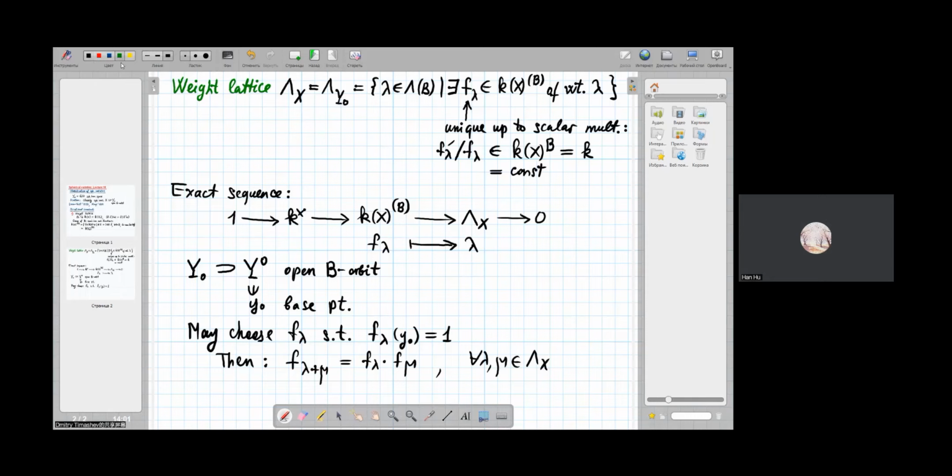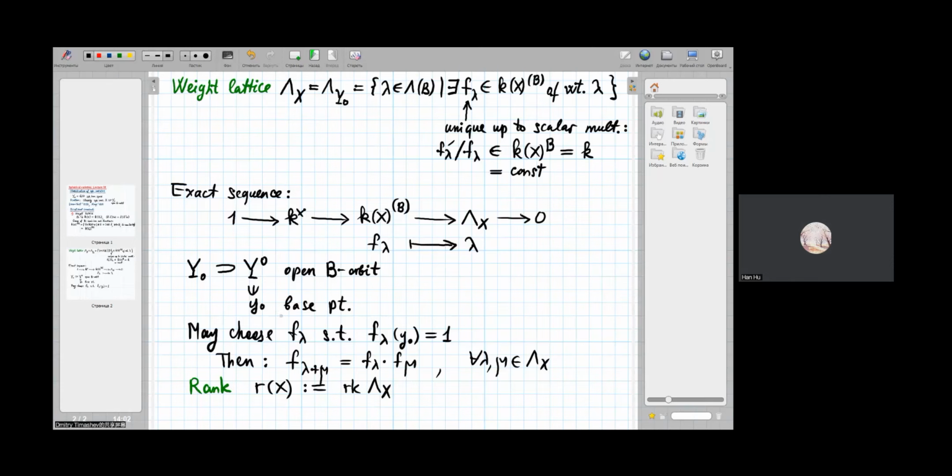And yet another notion, the rank of a spherical variety, let me denote it R of X, is by definition the rank of the weight lattice of X. Okay, so these are basic notions about this first birational invariant of a spherical variety, or say homogeneous space, which is the weight lattice, and the rank, which is just the rank of this lattice.